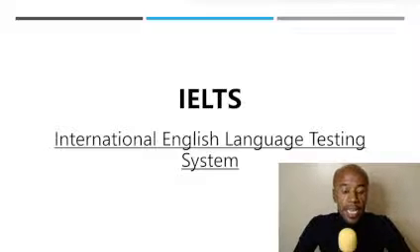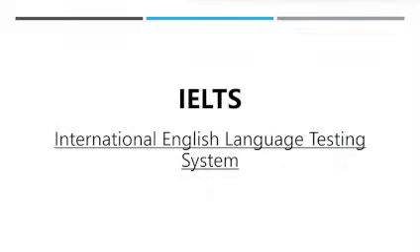Now, there are two versions of the IELTS, as you might have heard. There is the academic test, which is designed for people who want to study at the university level. And then there is the IELTS general training test, which is designed for people who want to work or live in an English-speaking country. Now, IELTS is a really important test for people who want to study or work or live in an English-speaking country.